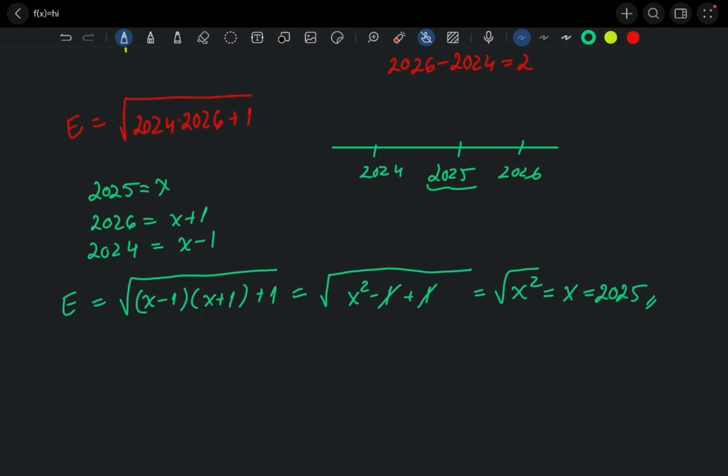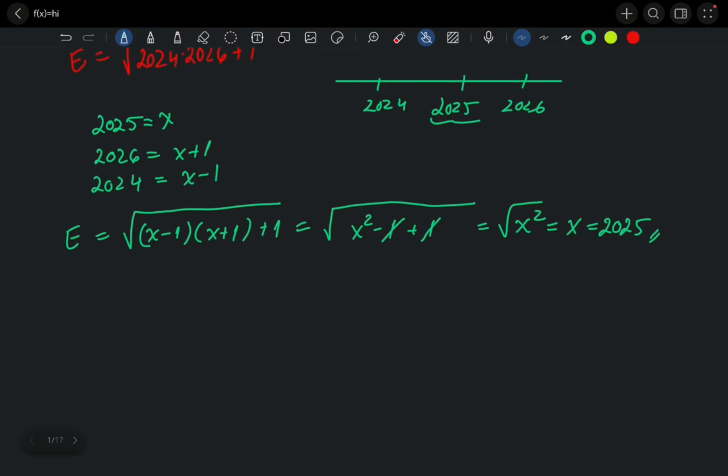Now, let's look at his big brother, the square root of 30,476 times 30,474 plus 1. Well, we can do the same thing, but let's just say that we don't see directly to go for the term in the middle of the terms that are multiplied.